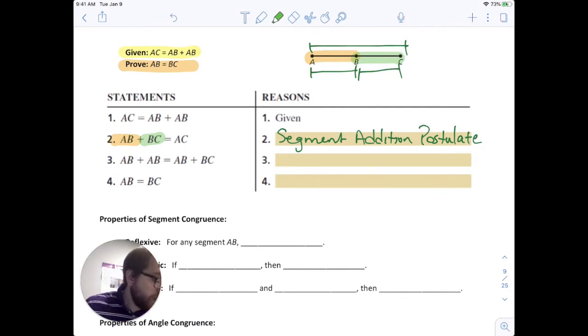All right, the third line says AB plus AB is equal to AB plus BC. Now where did that come from? What's the reason that allows us to say that? Well, if you remember, our statements build on top of each other. I go from the first statement to the second statement to the third statement. Look at them all together. How do they relate to each other?